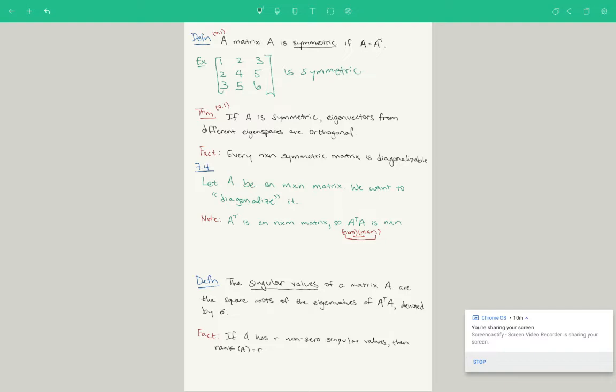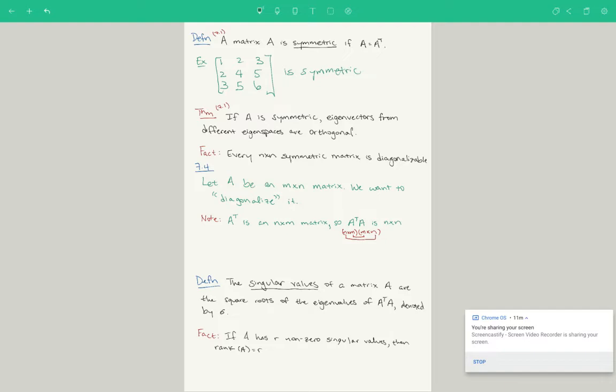Okay, so to recap, here was our background that we were building up. We talked about vectors being orthogonal, so that means they're perpendicular, their dot product is 0. We talked about vectors having unit length, and if you had a set of vectors that was both orthogonal with unit length, those were orthonormal. And we also talked about what it means for a matrix to be symmetric.